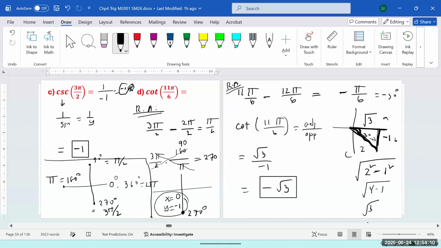Cosecant. How do you know 1 over -1? Because cosecant is 1 over sine. What is sine here? -1. So it's 1 over -1, which is -1.